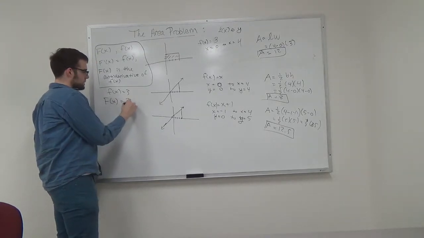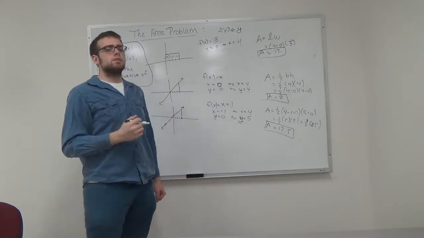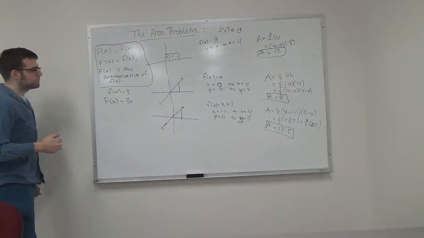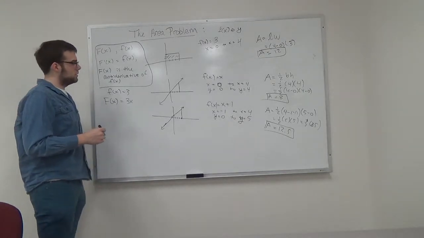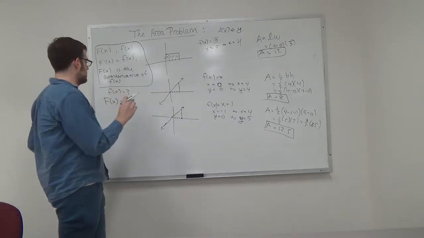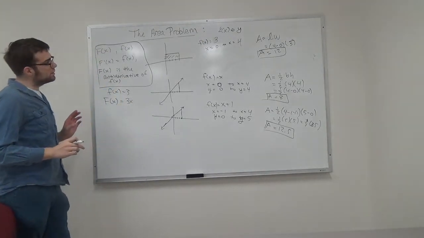We can simply come up with 3x, because the derivative of 3x is 3. Okay, so we can kind of see something.